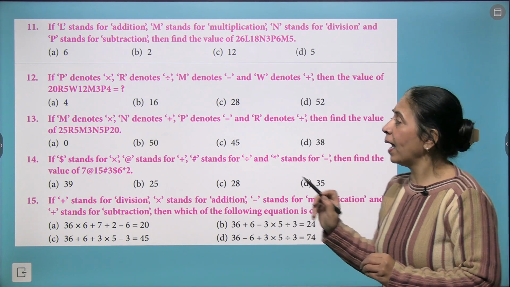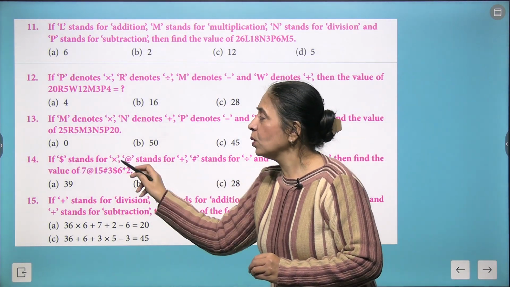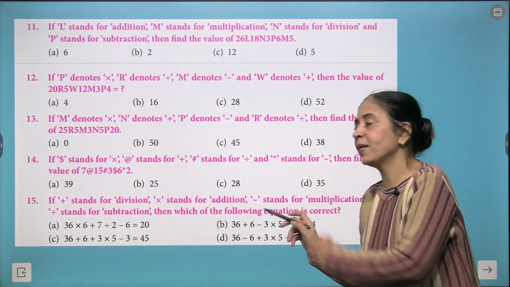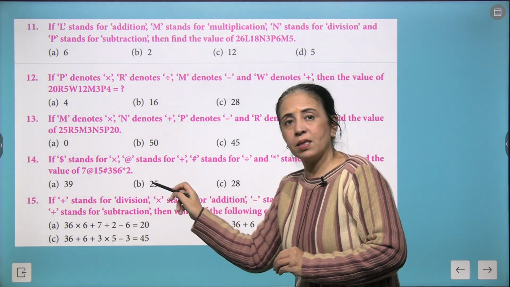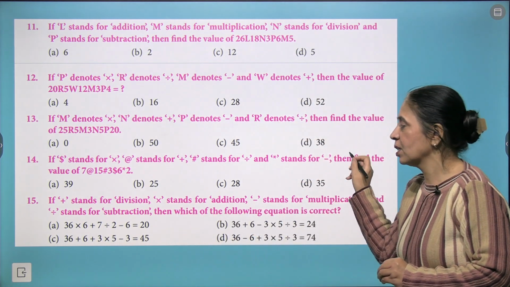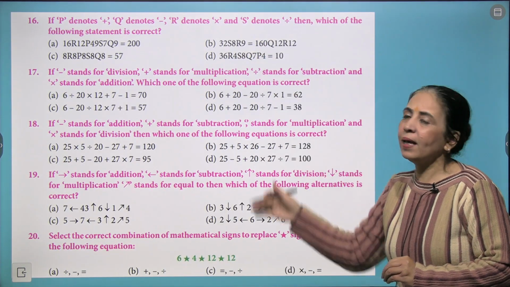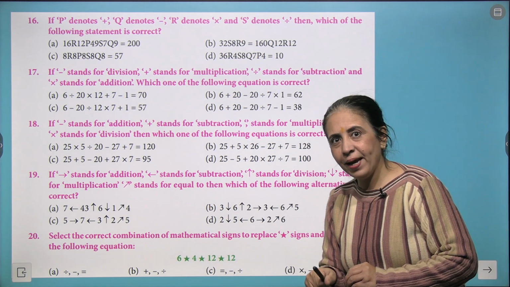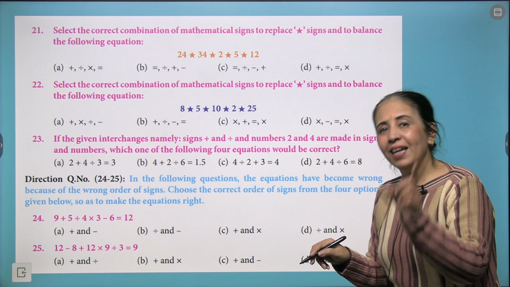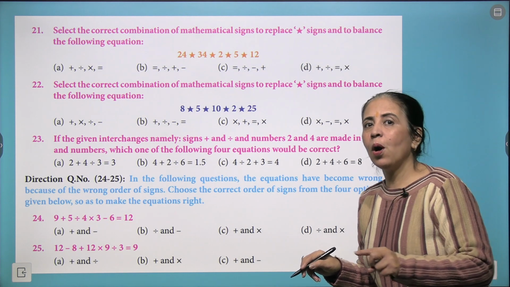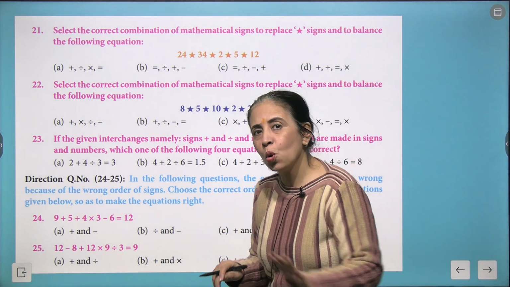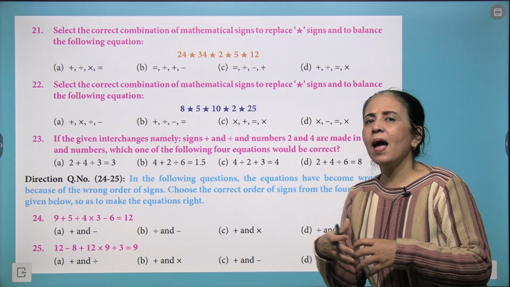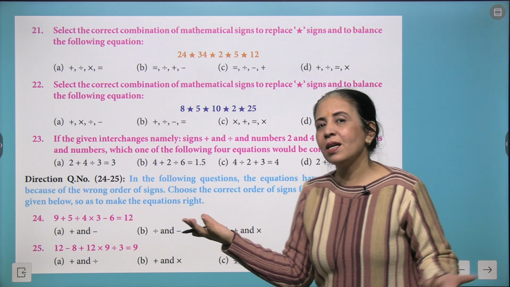And apart from that, in a few questions we don't have alphabets, but we have special characters, and these special characters will represent some of the mathematical operations. So you will be performing them, but the only thing required is a little patience and belief in yourself, because these questions are so simple. Only decoding of certain symbols will be done, and the rest is just an easy cup of tea.